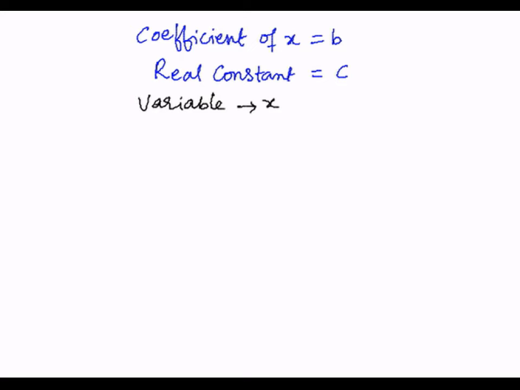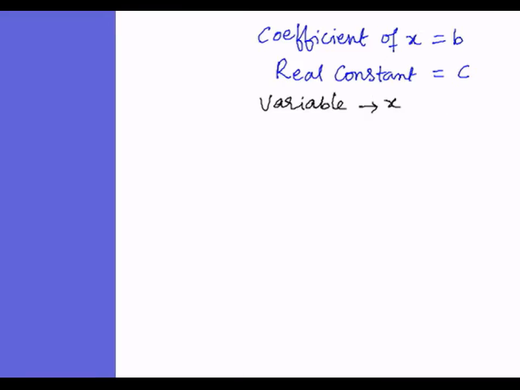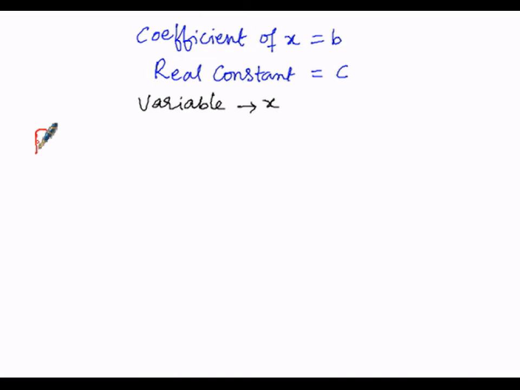So we are performing the method number 1, which is the factorization method. Under the factorization method, we are going to perform one illustration in order to solve a quadratic equation, or in other words, we have to find the variable's values.